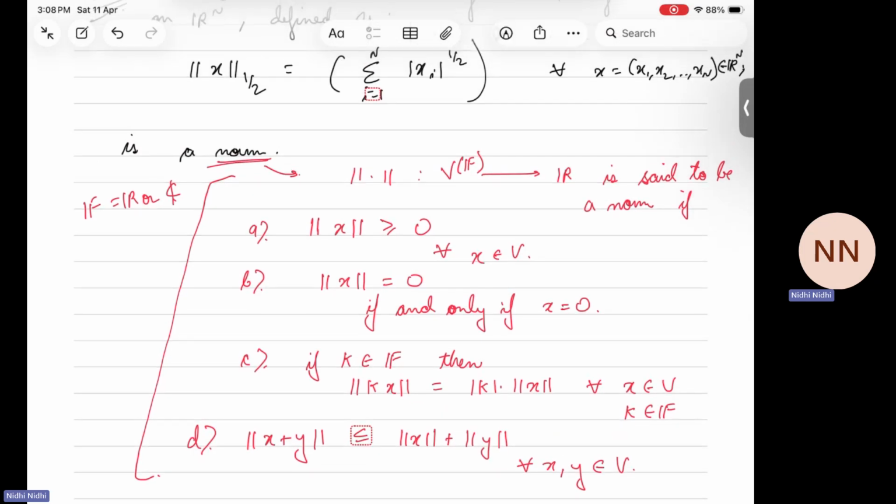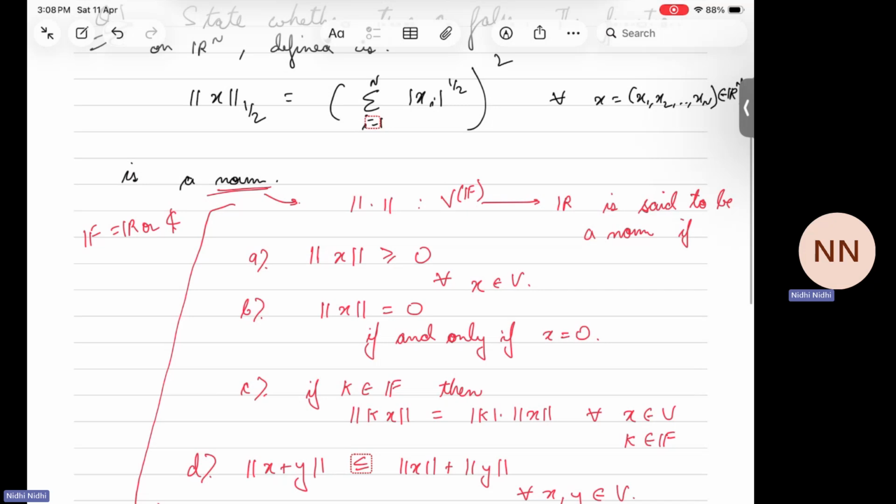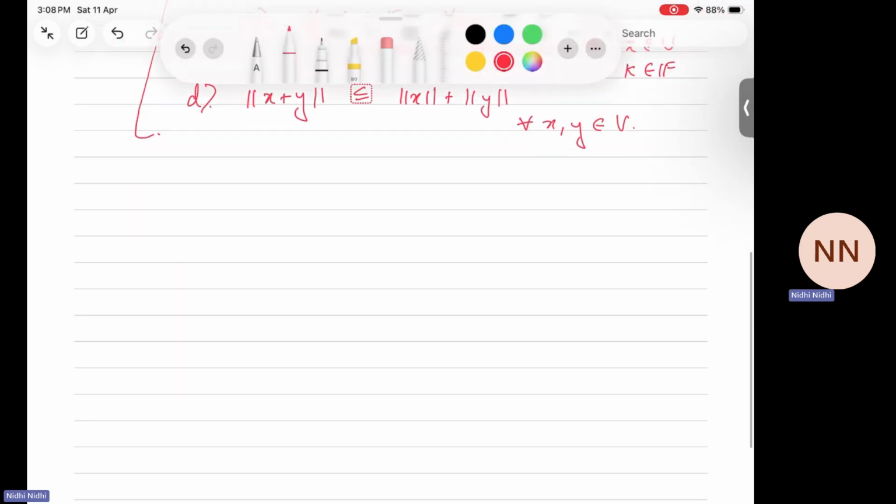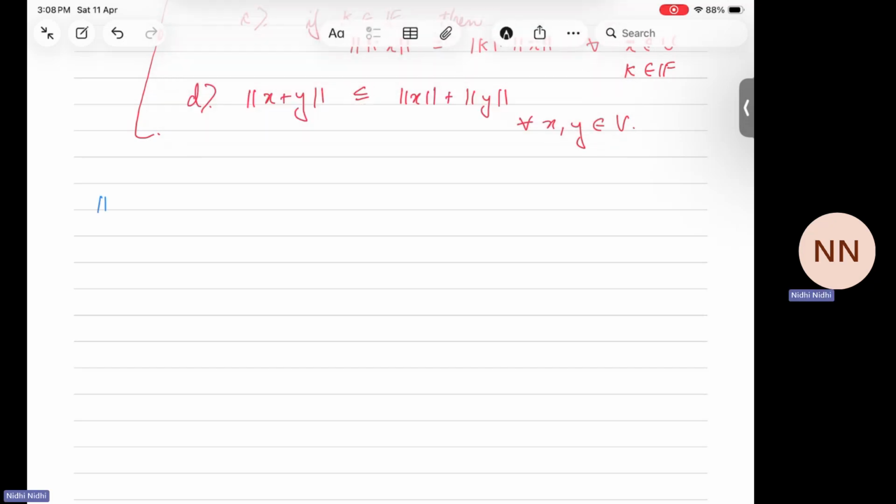If it satisfies these conditions, then we say that this is a norm, and that vector space is called the normed linear space. For instance, a standard normed linear space that you must have read is the space Rn with the Euclidean norm. If you remember, we discussed something related to the Euclidean norm in the previous session as well. It is defined to be the summation i from 1 to n of mod xi square, to the power 1 by 2.